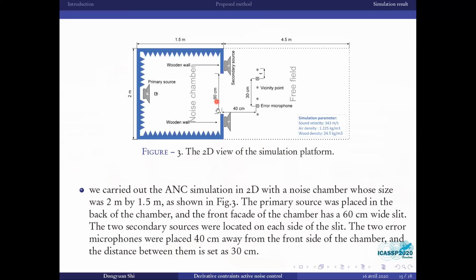The opening slit of this chamber is 16 centimeters wide, and the 2 error microphones are 14 centimeters away from this slit. T in this figure denotes the distance between the vicinity point and its error microphone. And the distance between the 2 error microphones is 13 centimeters.